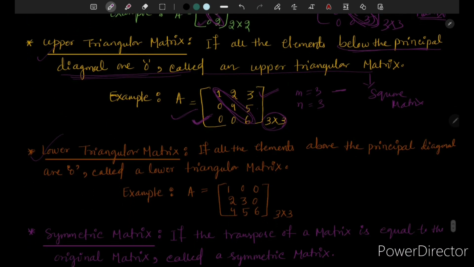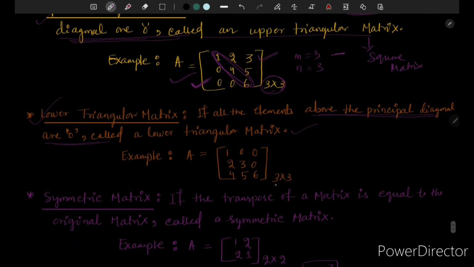Okay, and a lower triangular matrix is the opposite of an upper triangular matrix. That means if all the elements above the principal diagonal are 0, then we call it a lower triangular matrix. This is a 3 by 3 matrix, and these are the principal diagonal elements, that is 1, 3, 6.